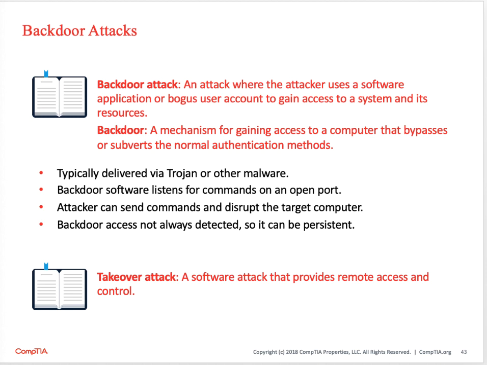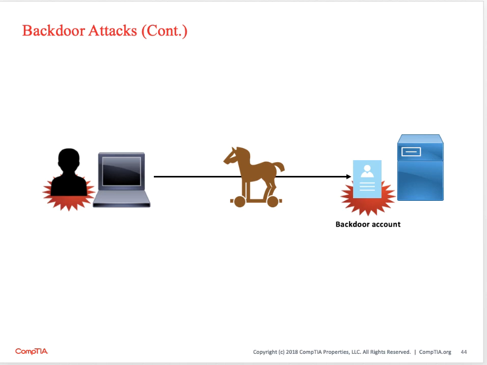There are other steps that they can use for a system takeover, but Trojans are usually the first step. So in this case, we have an attacker. They send this server a Trojan horse, and they create a backdoor account in order for this attacker to access this server.